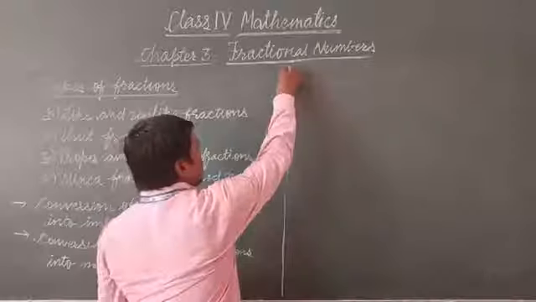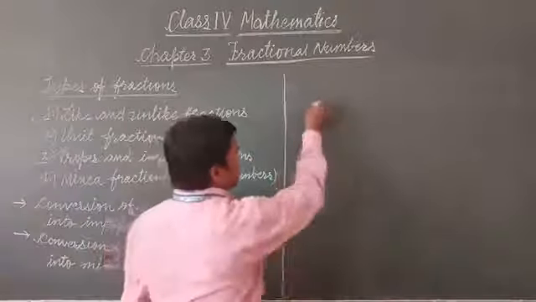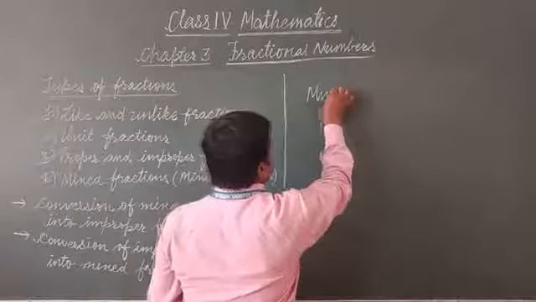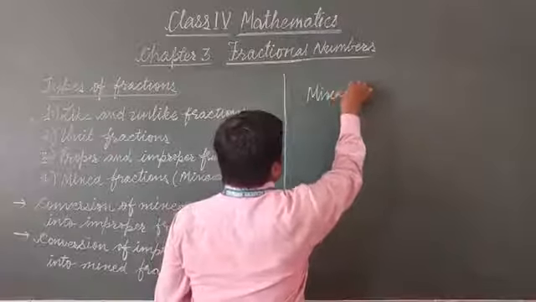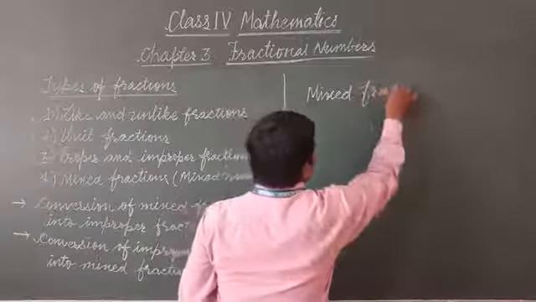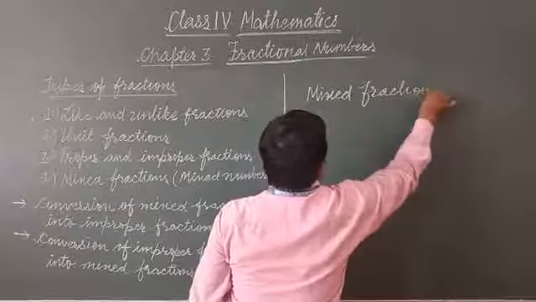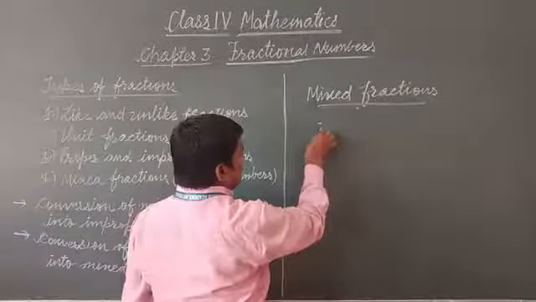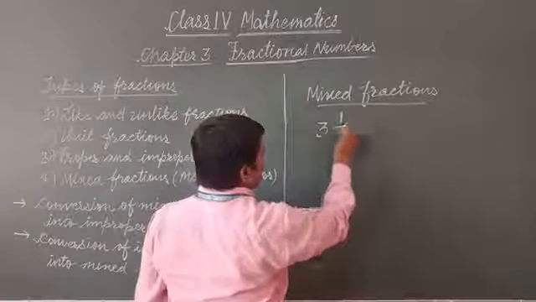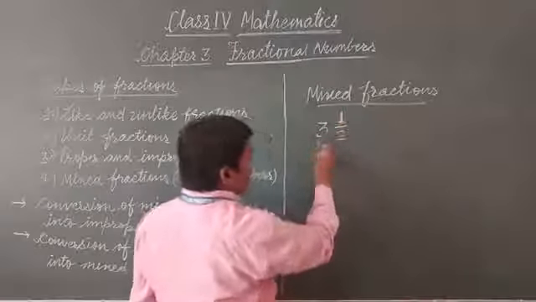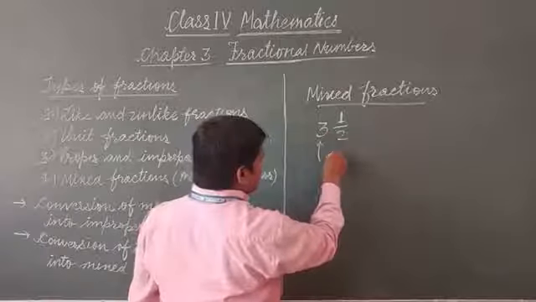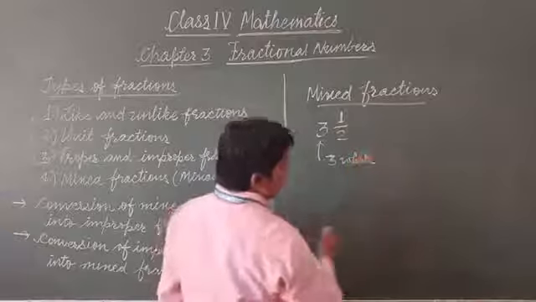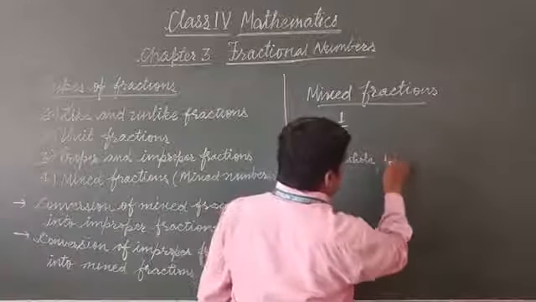If we have such a combination, we represent mixed fractions like this. This is read as 3 whole 1 by 2.